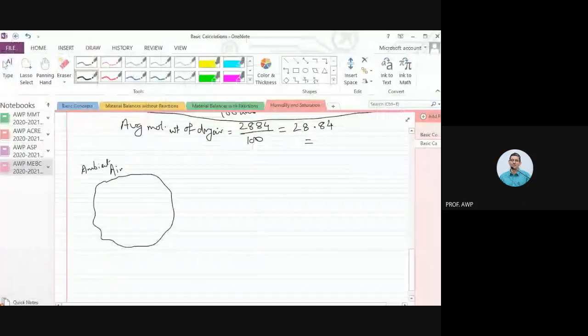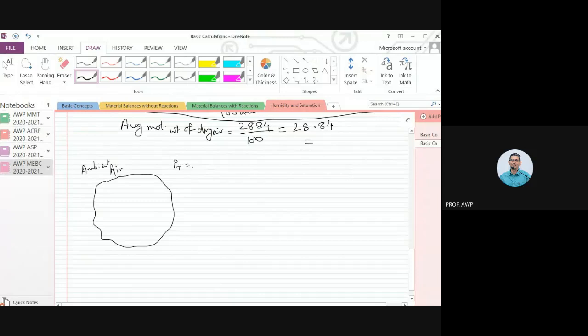Okay. So let's say ambient air, you are in another part of the country. Let's say total pressure is 745 mmHg. Temperature is 32 degrees centigrade. Percent RH is, let's say, 75.